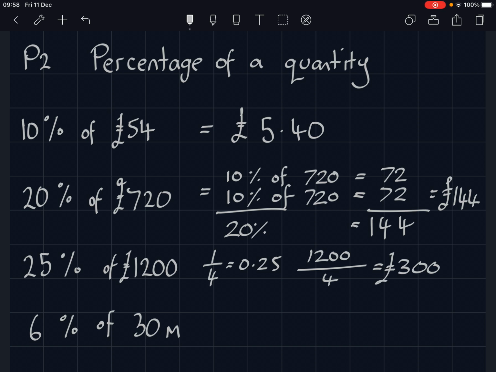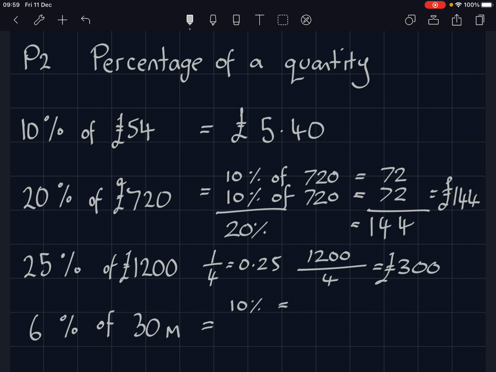The last one, we've got 6% of 30. So 6 is a little bit harder to do, but if we break it down the same way, we'll be able to get there. So I'm going to start with 10%, and I know we don't directly need 10%, but this will be helpful.